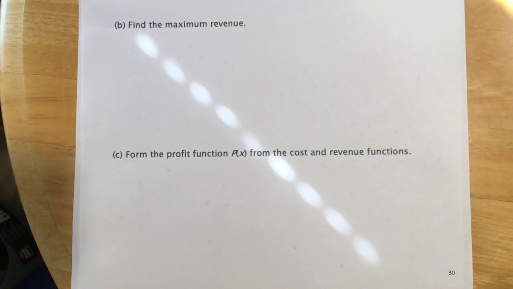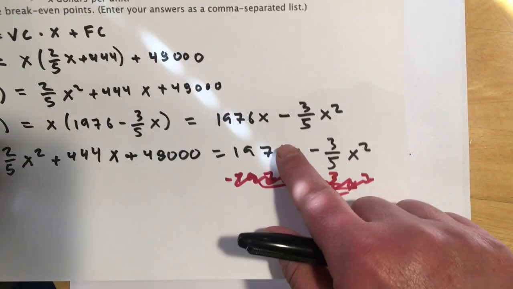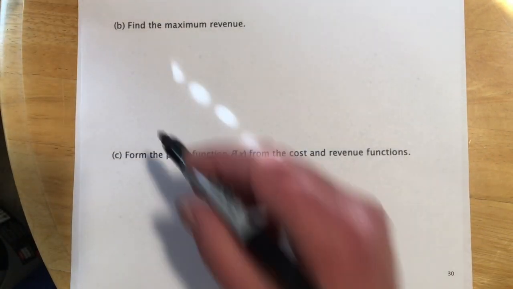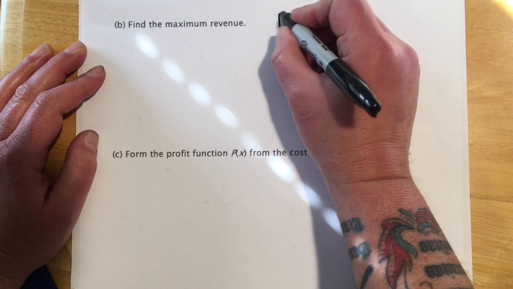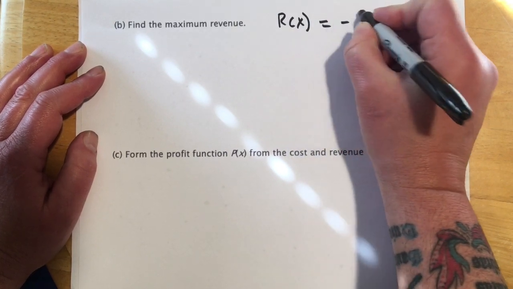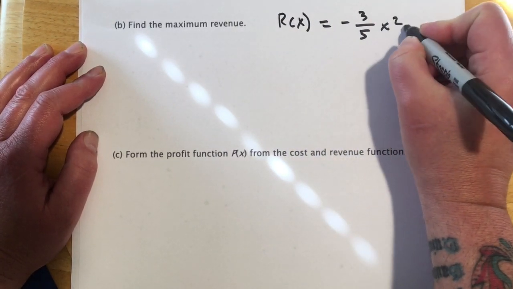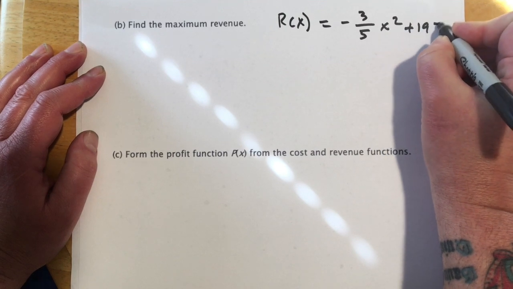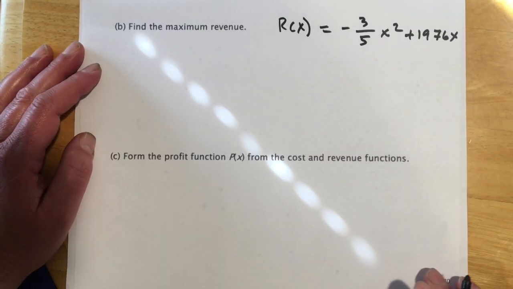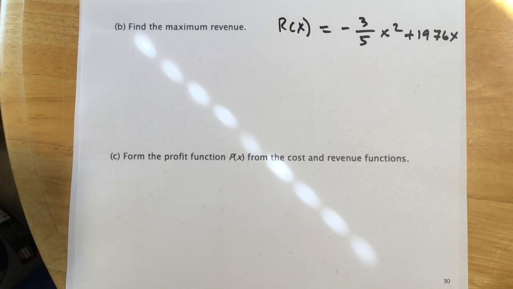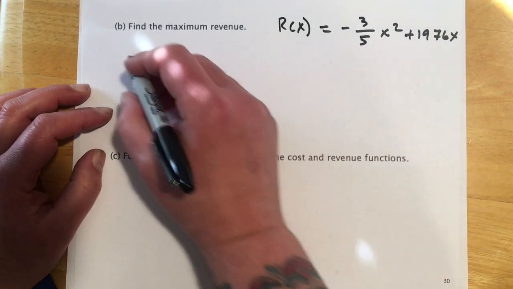Okay, part B is find the maximum revenue. So remember back here we found the revenue function, so I'll just copy that to here. R of x equals negative 3/5 x squared plus 1976x. And so then to find the maximum, we're going to find the vertex.